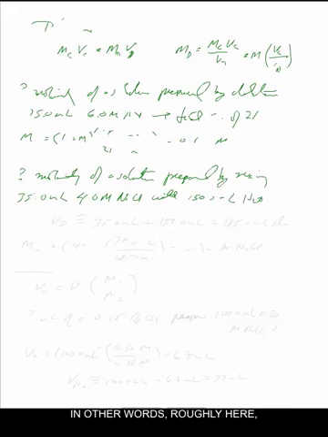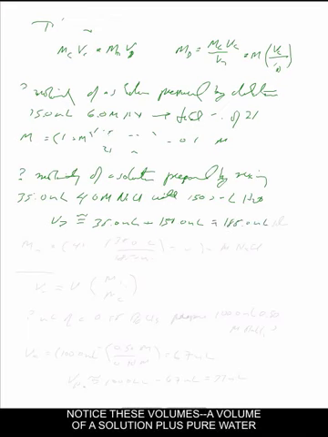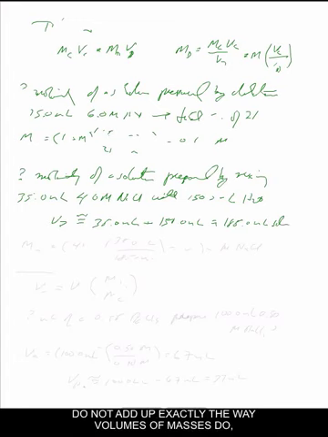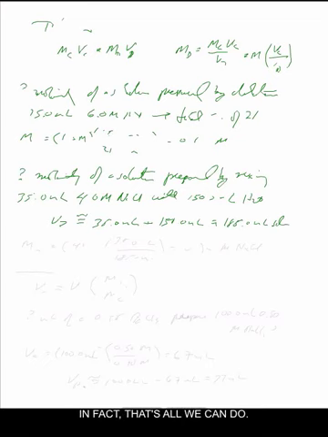In other words, roughly here, the volume of the diluted solution, I use a little squiggle over the equal sign to indicate that's roughly, it's 35.0 mL plus 150.0 mL, which means I have probably roughly 185.0 mL of solution. Notice these volumes, a volume of a solution plus pure water, do not add up exactly the way masses do. But we can do an approximation. In fact, that's all we can do.